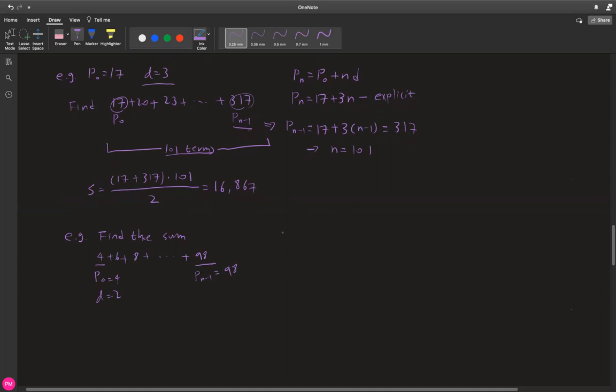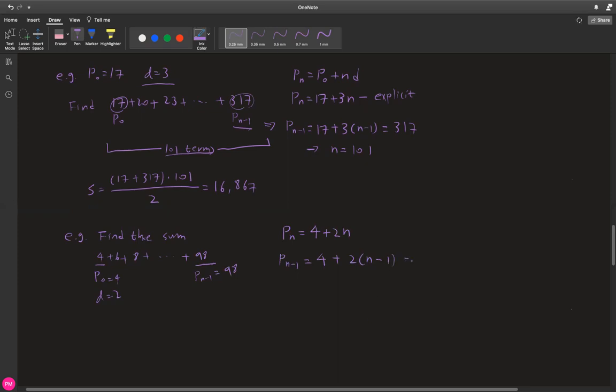So we can simply write p sub n equals 4, which is the initial population, plus 2n. And for p sub n minus 1, we have 4 plus 2(n minus 1).